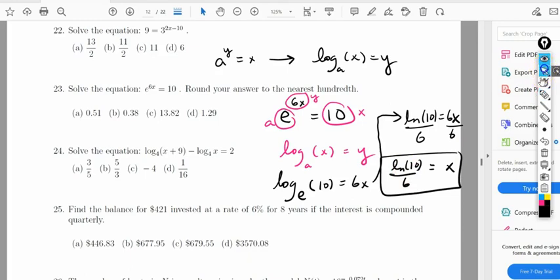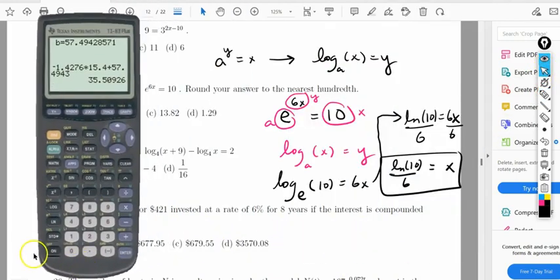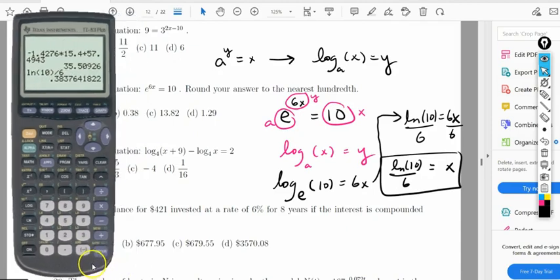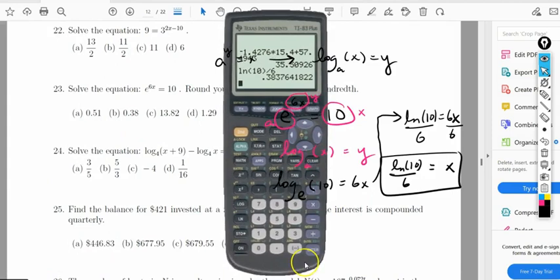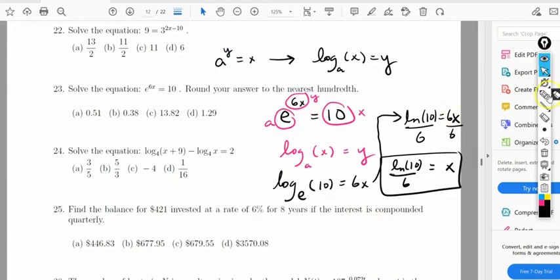Ln of 10, close parentheses, divided by 6. And all of these answers are taken to 2 decimal places. If I take that to 2 decimal places, that's 0.38. And so the answer to number 23 is B.